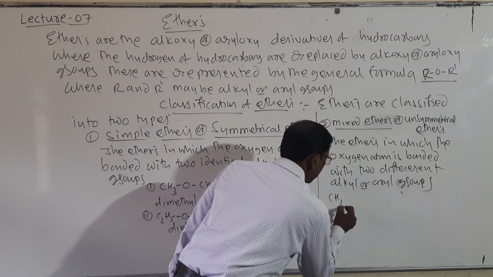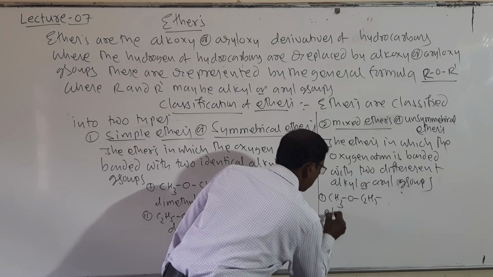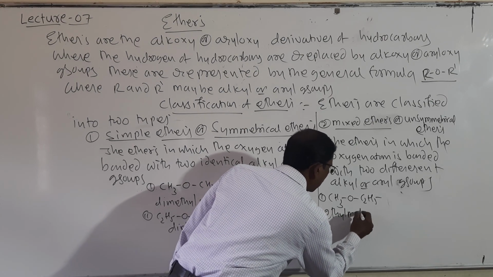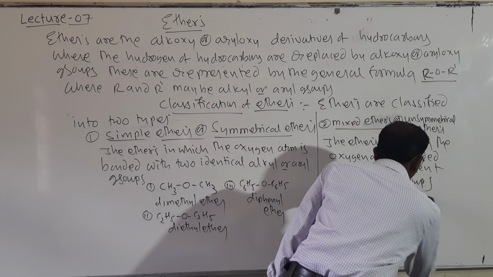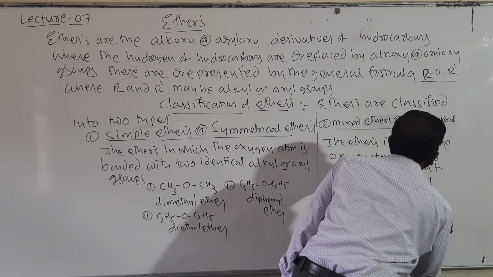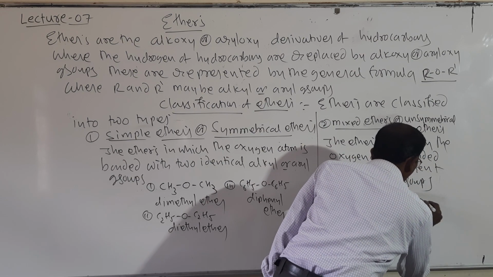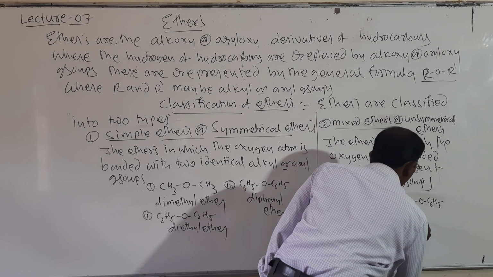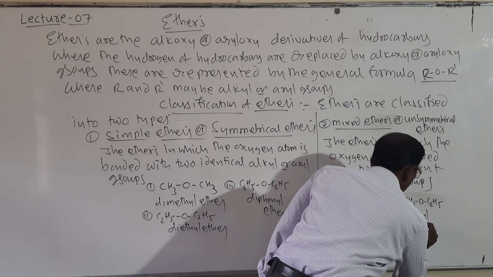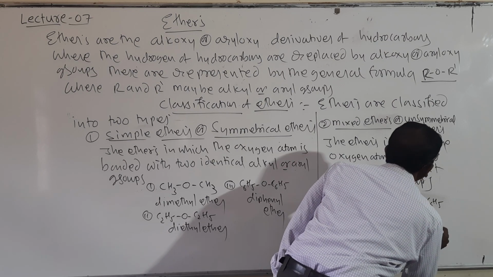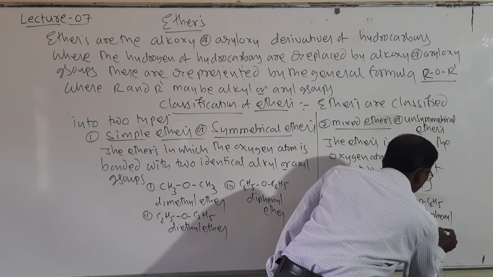Look here, student. CH3OC2H5 is called ethyl methyl ether. And then second one I will write, CH3OC6H5, is called methyl phenyl ether.